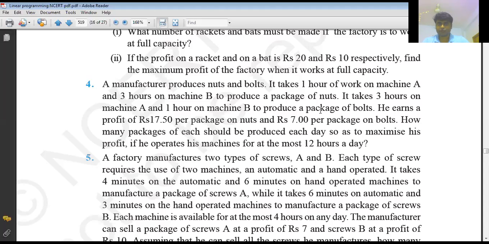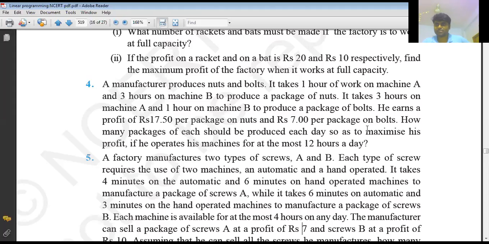He earns a profit of 17 rupees 50 paise per package of nuts. On every pack of nuts, the profit is 17 rupees 50 paise. On every pack of bolts, the profit is 7 rupees. Now, how many packets of each of nuts and bolts should be produced each day so as to maximize his profit? Obviously the profit function has to be maximized. He opens his machines for at most 12 hours a day.